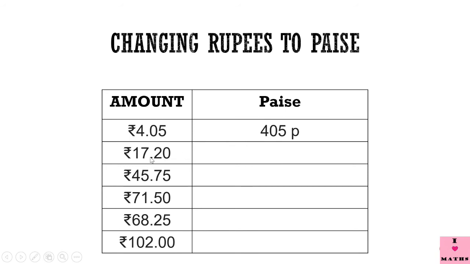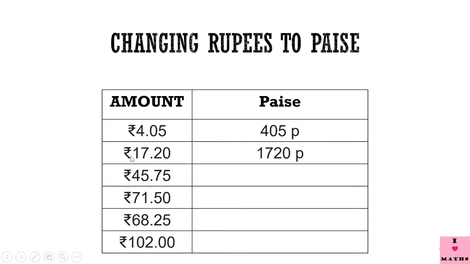Now rupees 17 and 20 paise. If we have to change it into paise, we will just remove the rupees sign and remove this point, and the remaining number we will write down, and this would be 1720 paise. So easy beta.